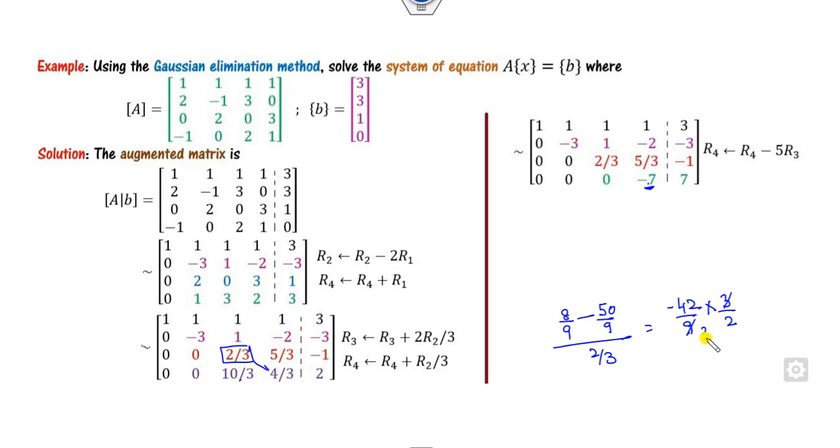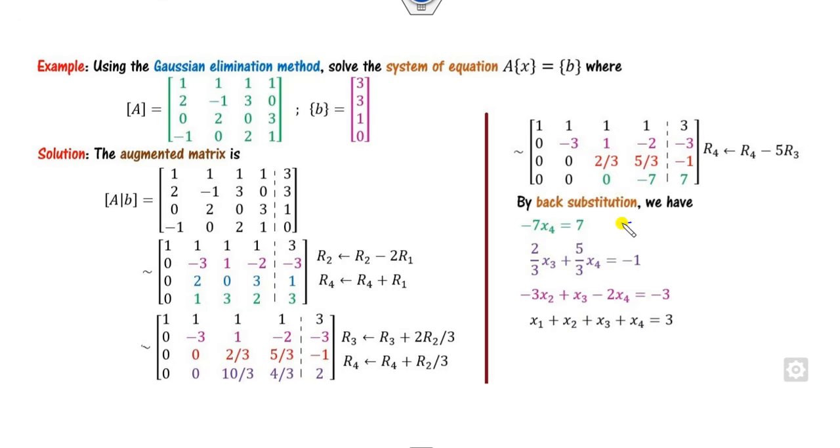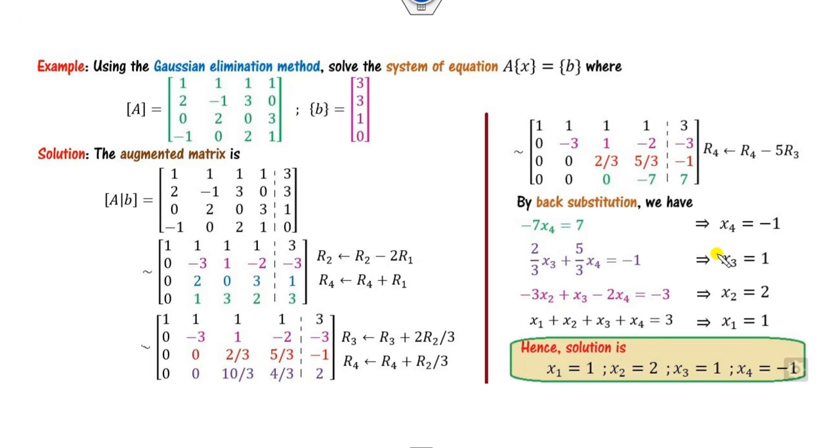So it is 3, it's 6. 6 into minus 7. It's minus 7, and for the last number you can make this a box, but there is no element below. Now you can write the back substitution. From here you can find the value of x4. From here you can find the value of x3, and so on. So your required solution will be here.